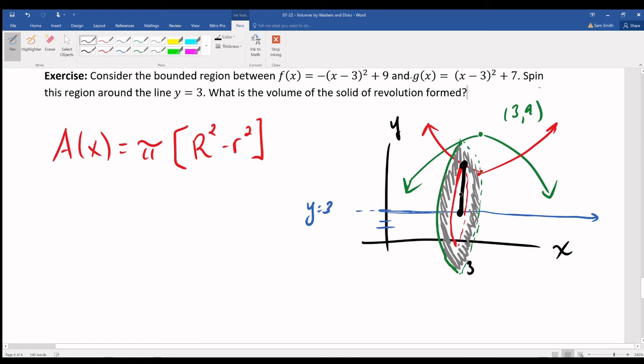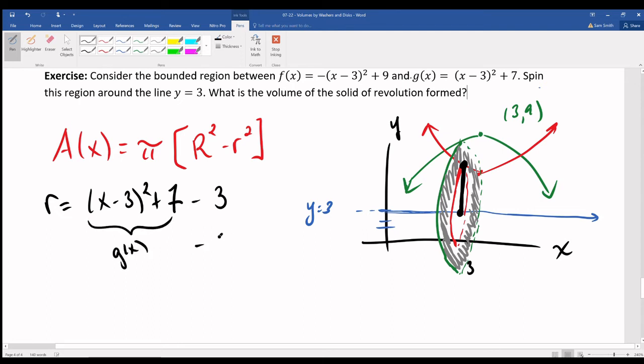The length of this inner line segment stretches from the output of the red function to the blue line. So the little radius is equal to the output of g of x, the red function, take away y equals 3 to find the distance between those two: g of x minus 3.